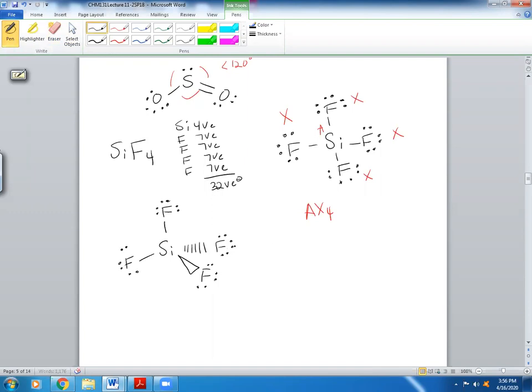Okay. AX4 is called tetrahedral. Tetra means 4, remember? Hedral means face, 4 faces. And the angle is 109.5, the most important angle.